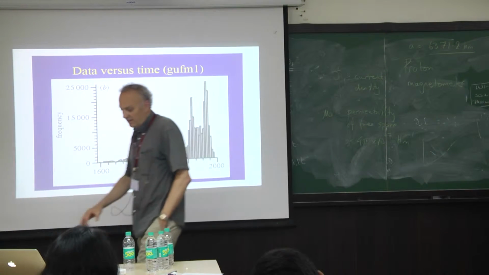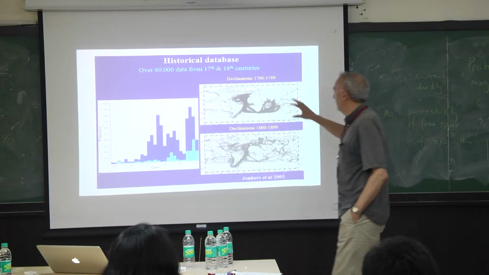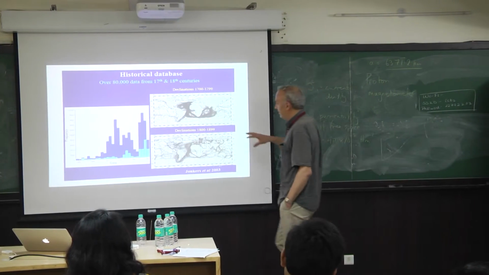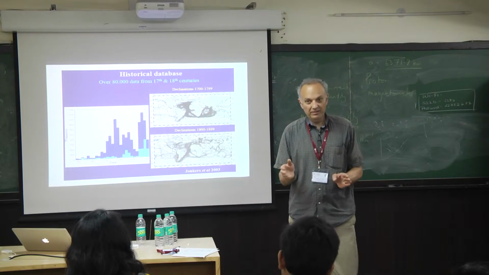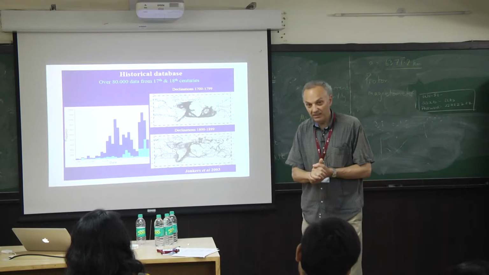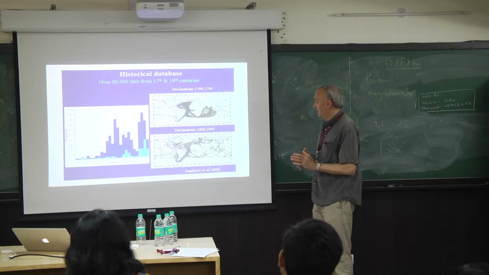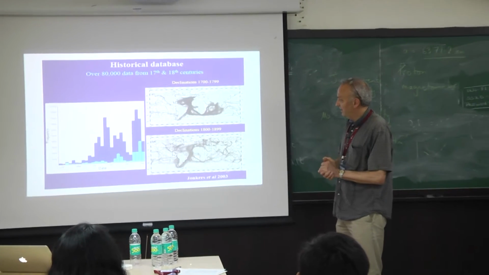The kinds of data that it relies on from the very earliest times are mostly ship data. The ships were, of course, measuring declination for their own purposes, and they dutifully wrote it all down in the logs. And the declinations are very useful for recreating what the field looks like.